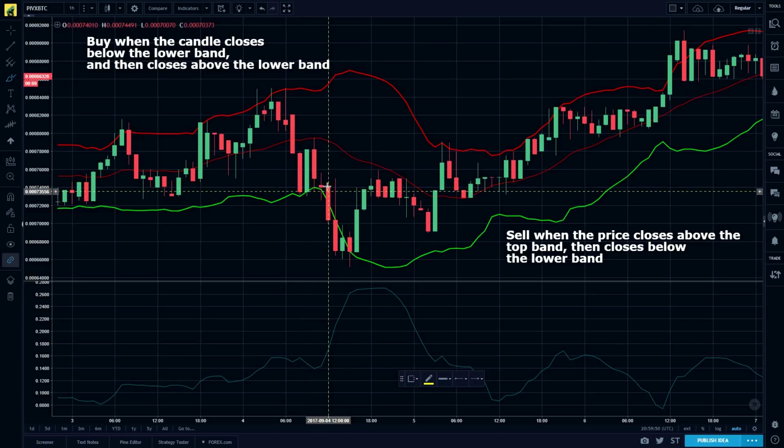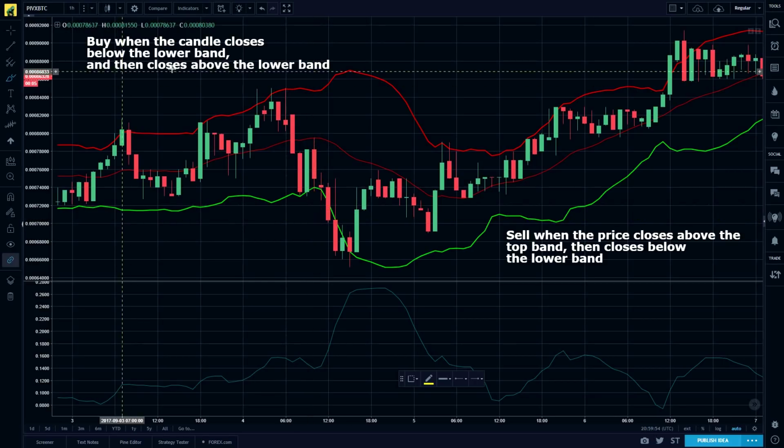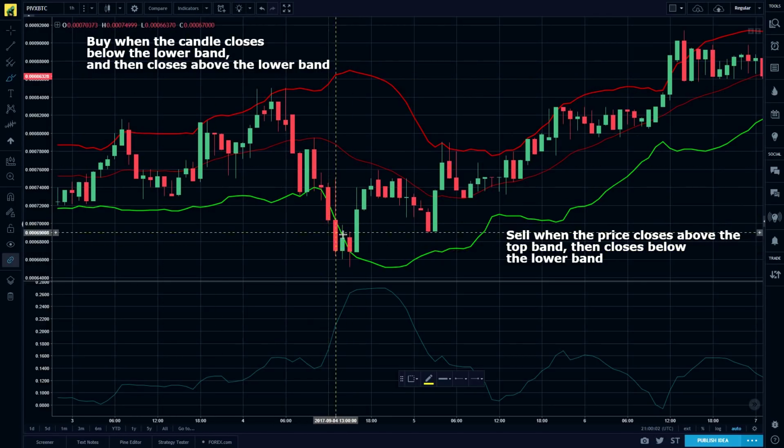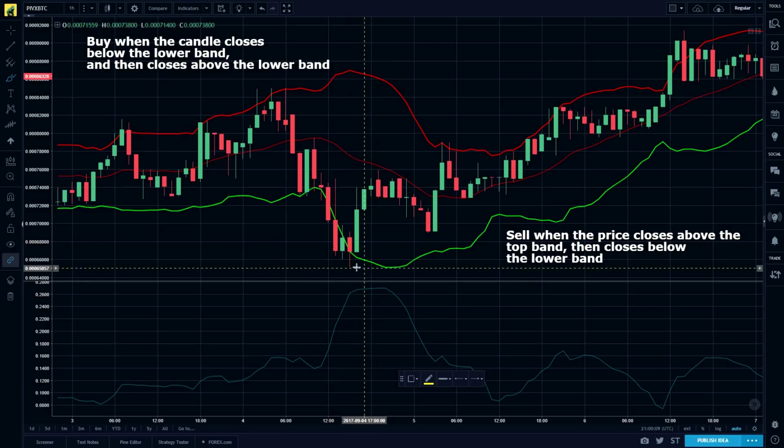That's not enough. Here it closed below the lower band, which completes the first part of the equation, but it does not meet the second one, which is close above the lower band. So it closed right here, did not close above it yet. You might have bought right here, it's just a matter of opinion, but I don't think that counts as crossing.